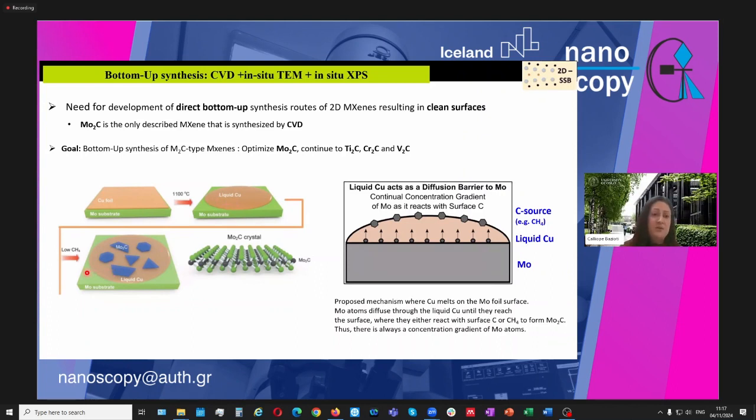And then by introducing a carbon source, which can be methane, for example, the segregated molybdenum on the surface reacts with carbon and creates the molybdenum carbide crystals.